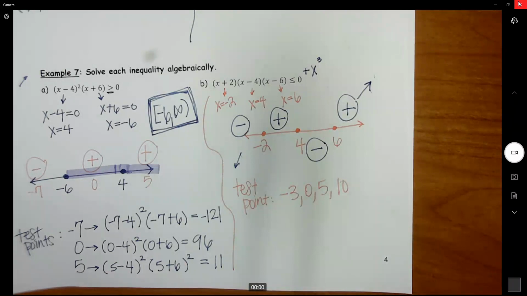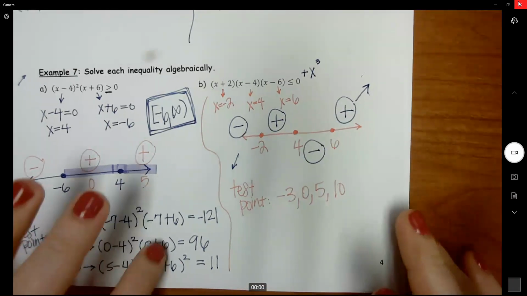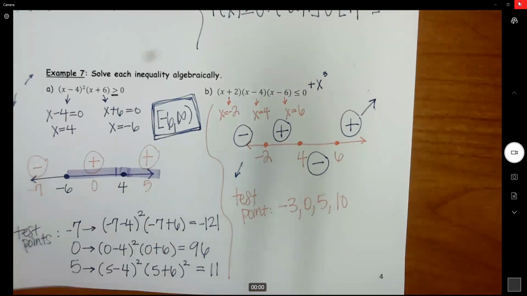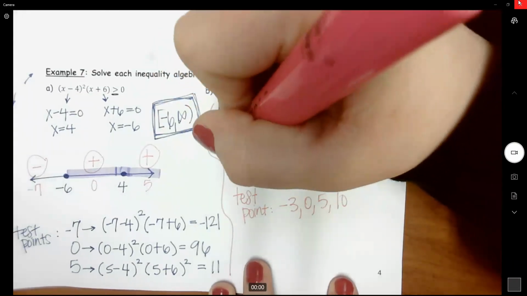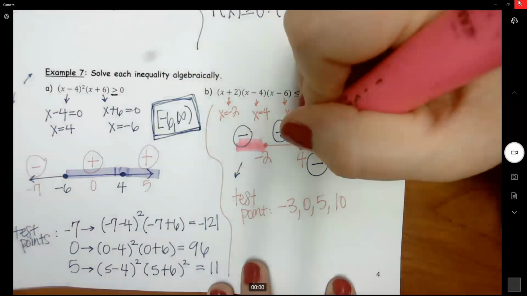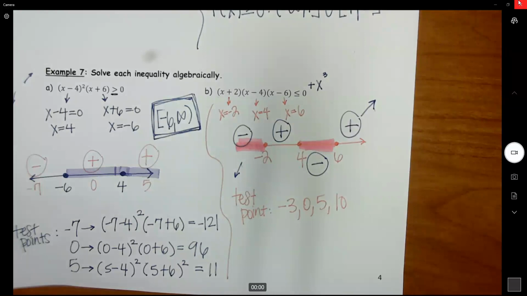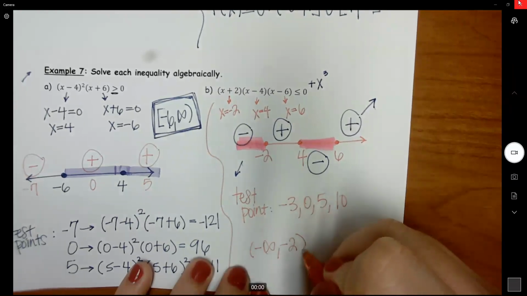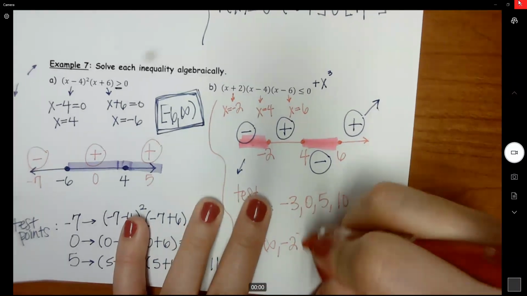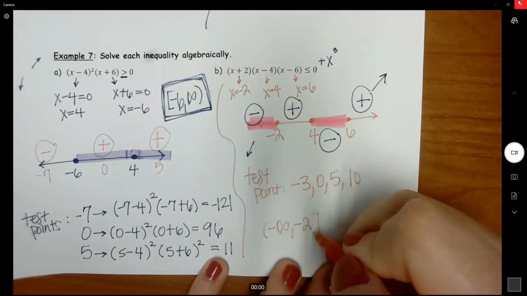So all of that to now say, I want to know when this is less than or equal to 0. So we are talking about my negative portion here and my negative portion here. So my answer is -infinity to -2 with a bracket, because it's or equal to.